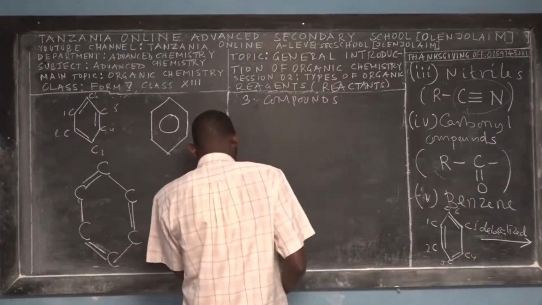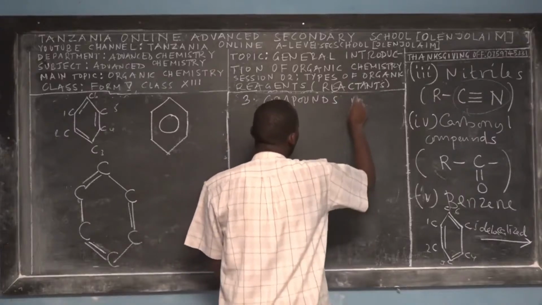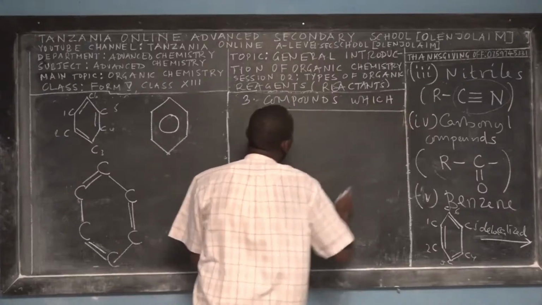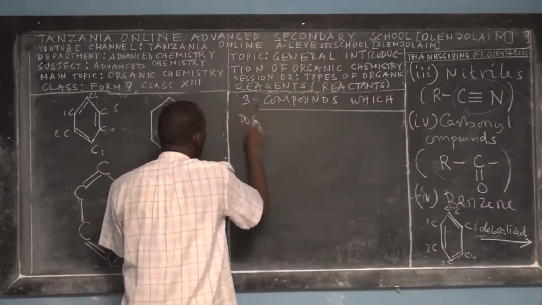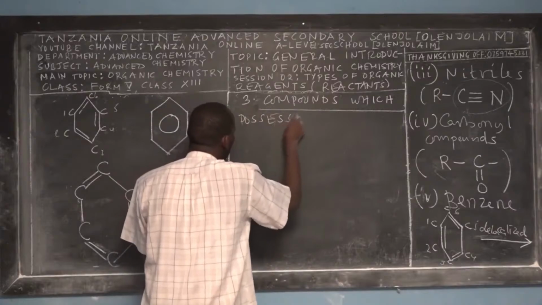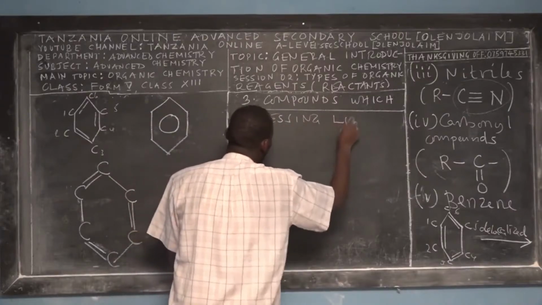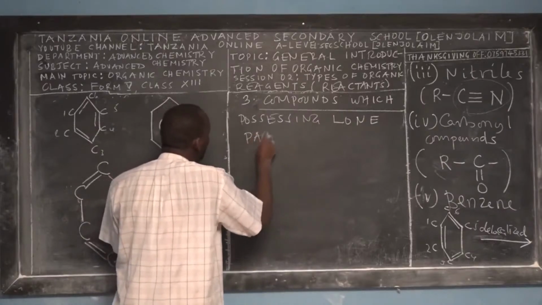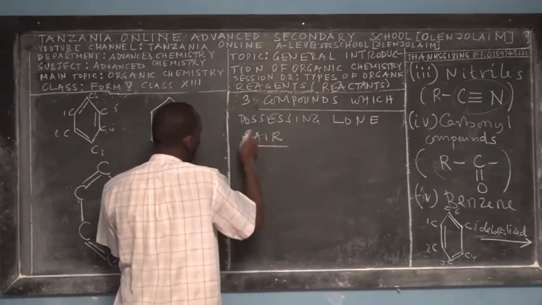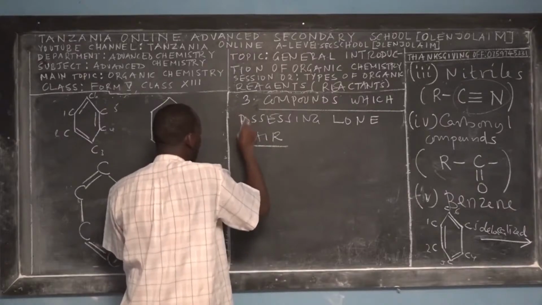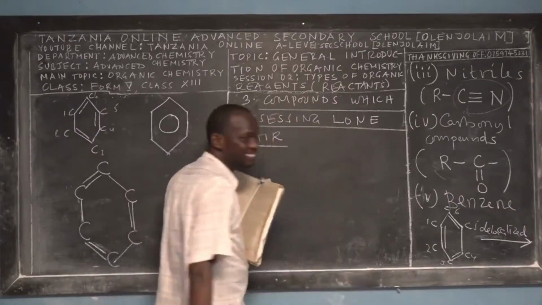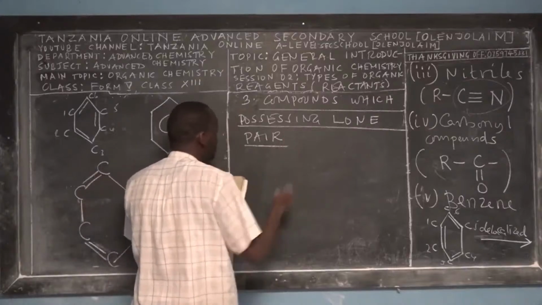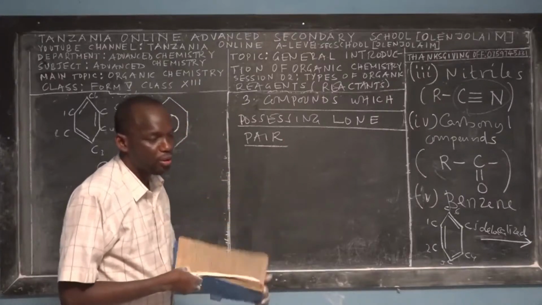Compounds possessing a lone pair. Another type of nucleophile is compounds which possess a lone pair. So if you hear the word lone pair, you have to remember our best friend, chemical bonding, because that's the point when we taught students for the first time about lone pairs.